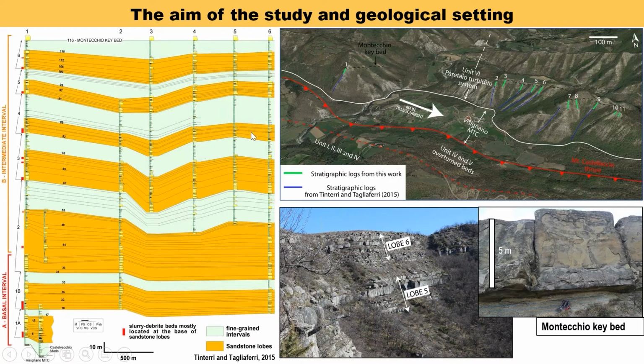This previous study highlighted that this system is composed of 6 sand-prone lobes and a relative interlobe. For this study, we focused on the vertical section comprising lobes 5 and 6 up to the Montecchio bed.